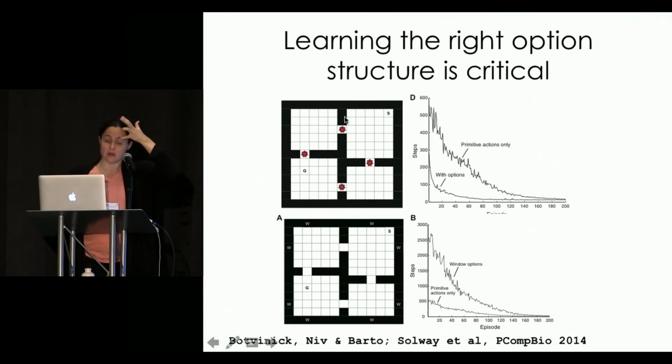And as you might intuit from this graph, it's the idea that maybe bottlenecks in your problem space might be important sub-goals. A number of people have explored the idea of whether people actually structure their representation of state transitions in such a way that focuses on those goals that are bottlenecks.